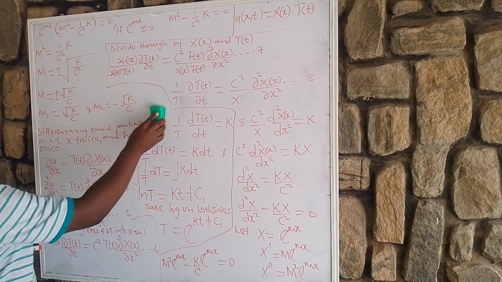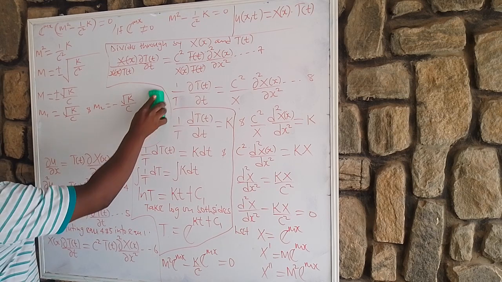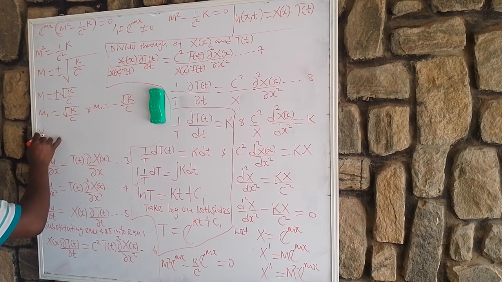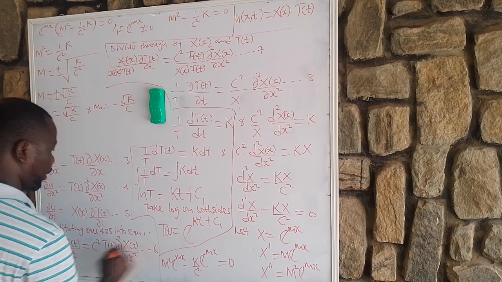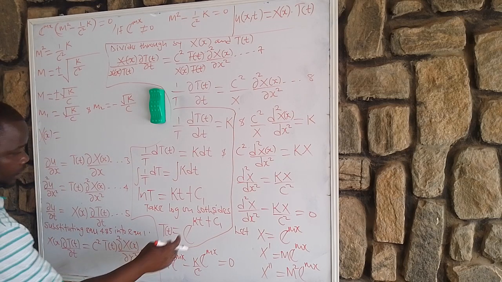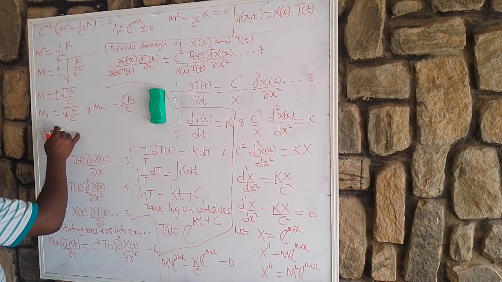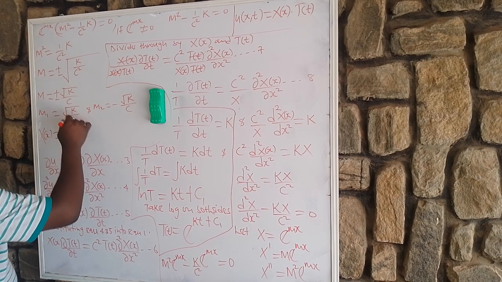So our second differential equation, that is our X of x, will now be equal to, since this one we got c1, so let's make it c2 exponential m1, which is what?